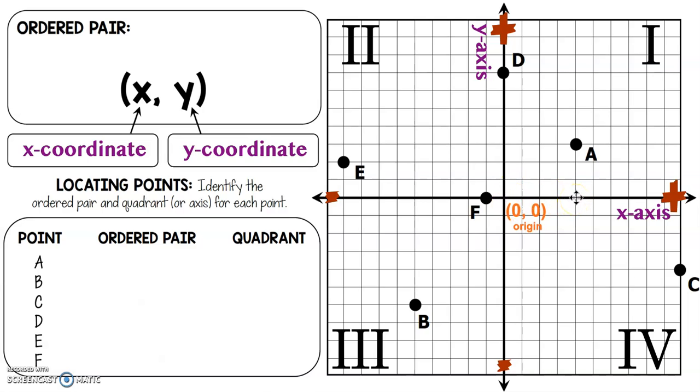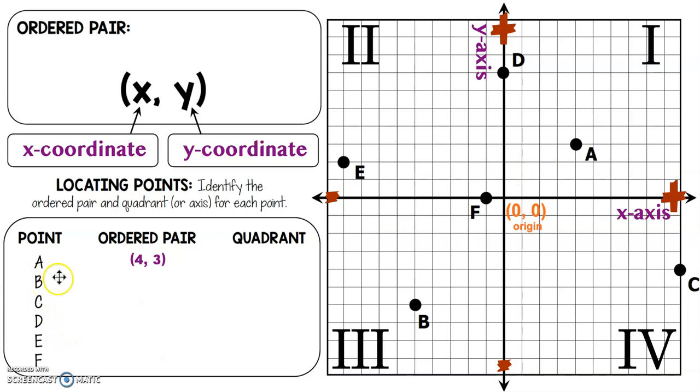That means that my x coordinate for A is 4. Now I can count my y coordinate. It's up 1, 2, 3, and now I'm lined up with A. That means that my y coordinate is 3. So the ordered pair for point A is 4 for my x coordinate, 3 for my y coordinate.